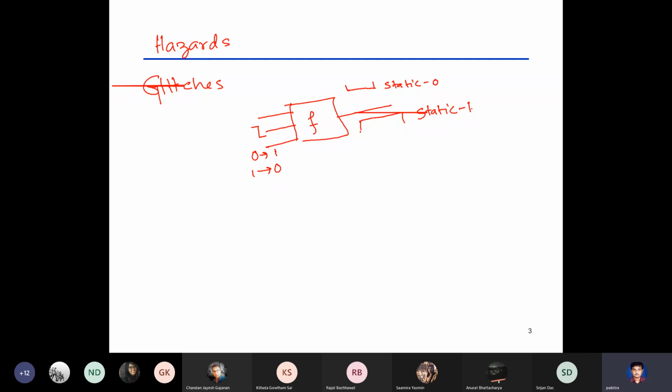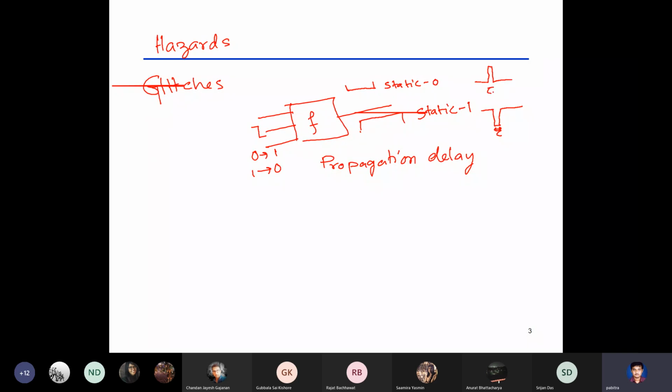But due to propagation delays or other types of delays, this static behavior doesn't happen. What might happen is that in this static 1 situation, there may be a negative pulse for a small amount of time, usually amounting to tau, the propagation delay. Similarly, in static 0, instead of staying static at 0, there is a momentary positive pulse, and then it goes away.